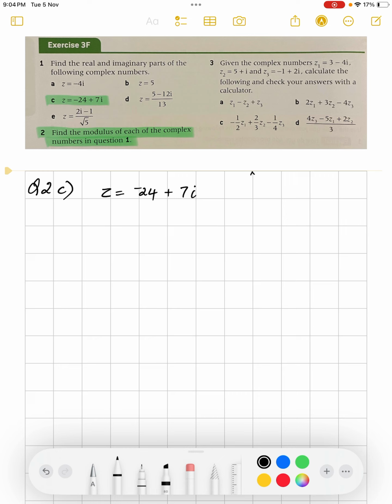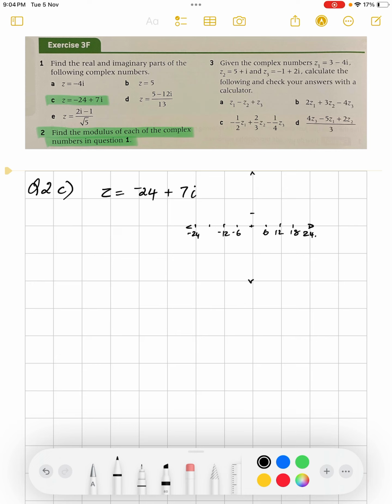Now the modulus is considered the distance that complex number is from the origin if it was on a two-dimensional plane. Let's call this 6, 12, 18, 24, negative 6, negative 12, negative 18, negative 24.